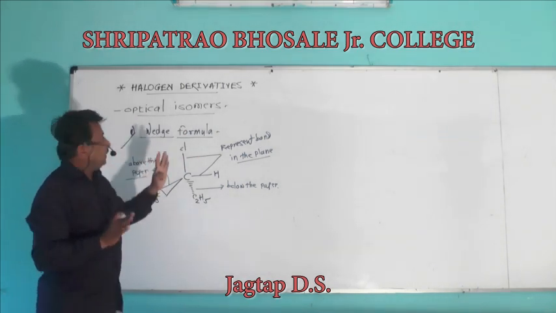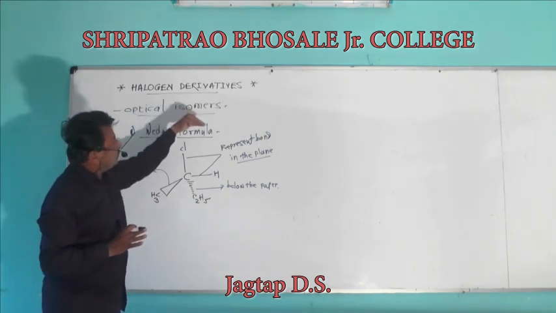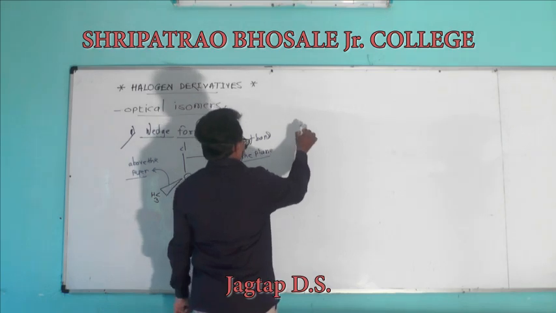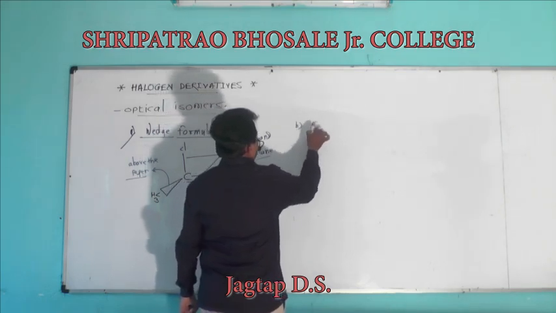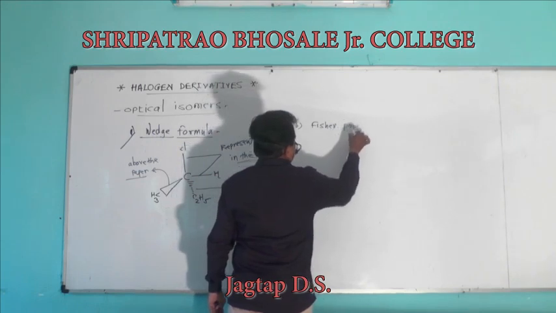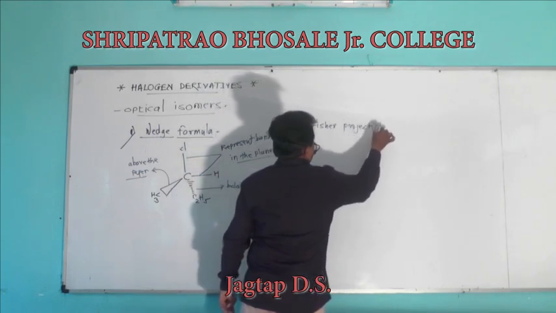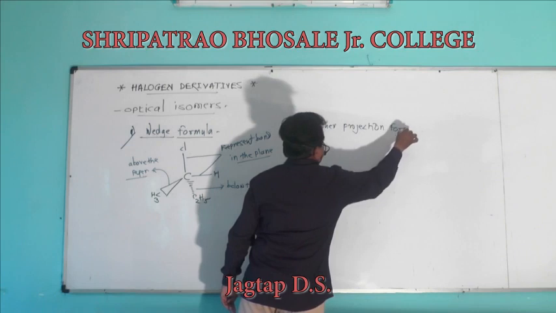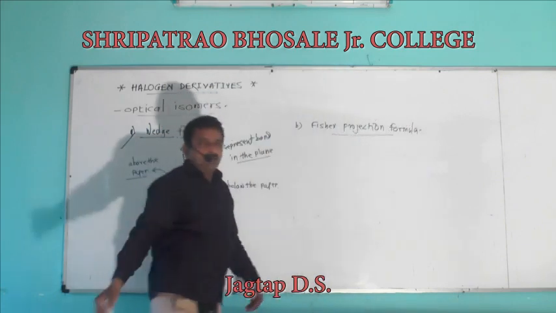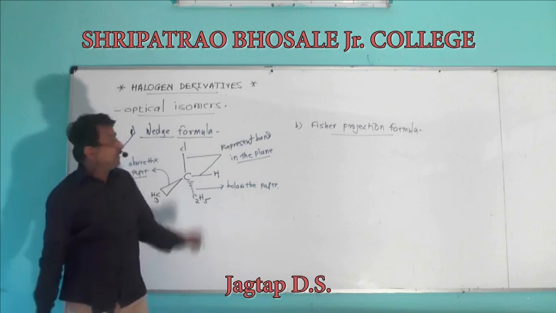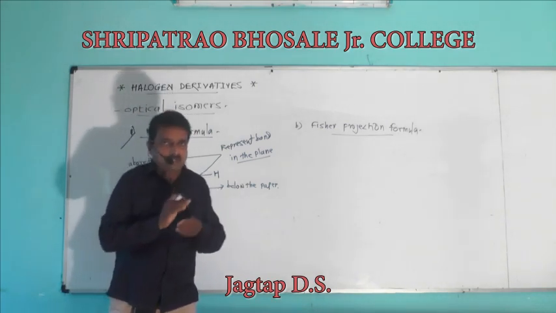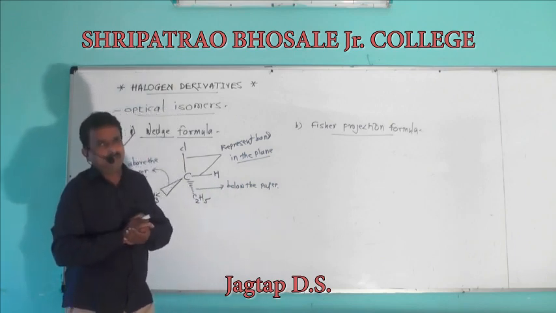Similarly, the optical isomers can be represented by the Fischer projection formula. In Fischer projection formula, the tetrahedral carbon atom is represented by a crossed line. Carbon atom is tetravalent.